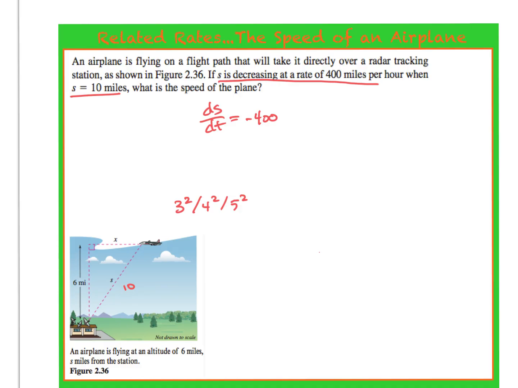All right. So anyway, so 8 is what? Oh, sorry. X squared. If this is 10, 6 miles above, how far is x? X is 8. All right, cool. So we need to find the speed of the plane, though.